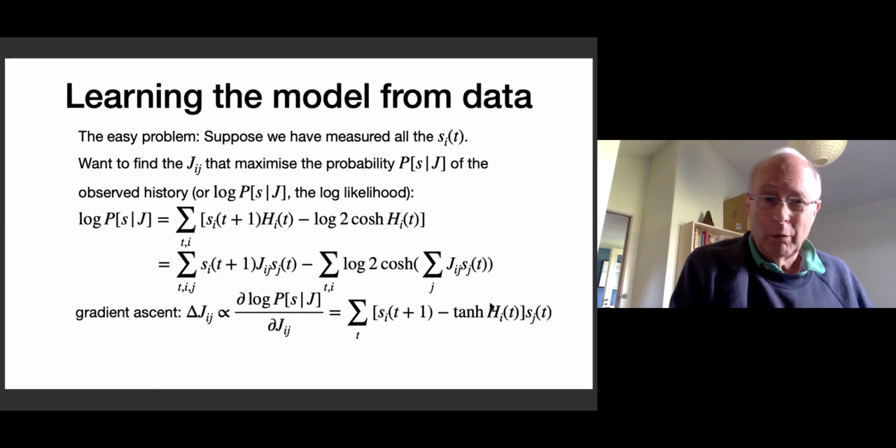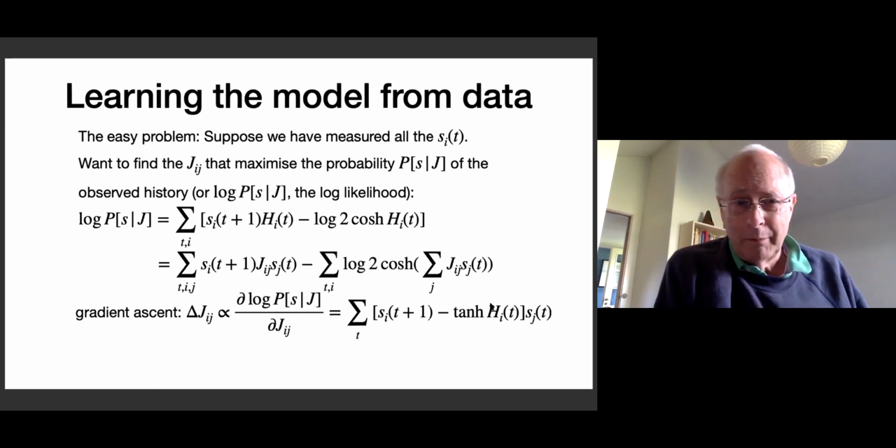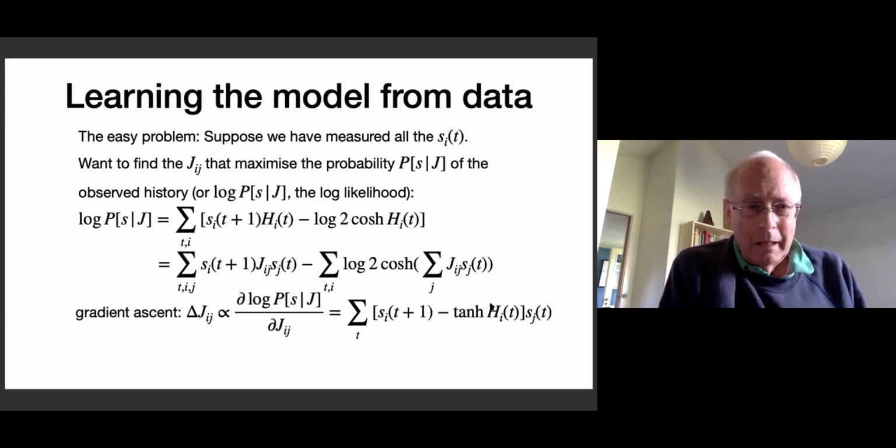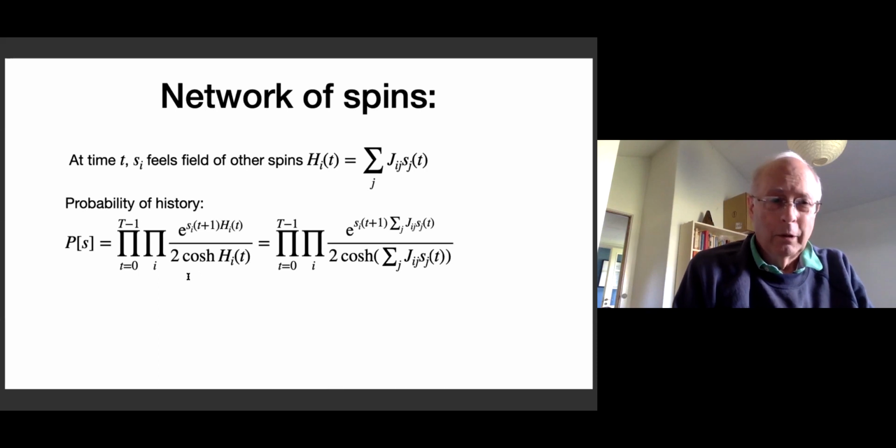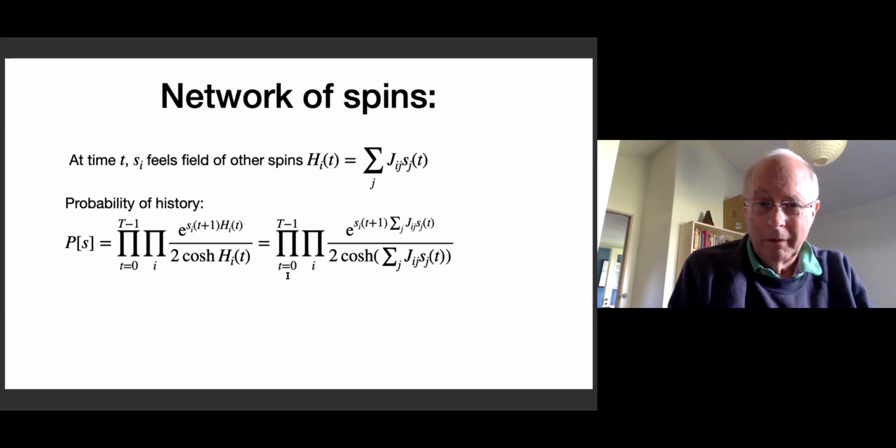Okay, and as always in statistics, we talk about the log of the probability instead. This is called maximum likelihood. And so what we want to maximize is the log of P. So the log of P is now a sum of the logs of these things. The log of e to the s times h is s times h itself.